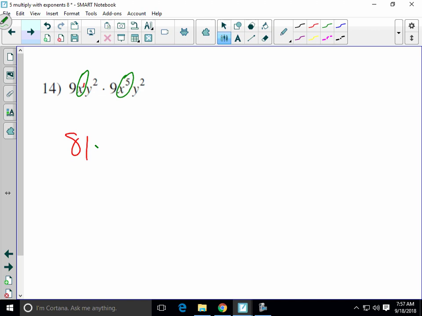So for my x's, it's going to be x to the sixth. The y's also have the same base, so I can multiply those. Y squared times y squared would be y to the fourth. So if you have more than one variable, you're trying to pick out the like bases.